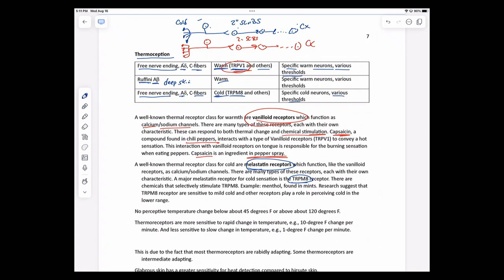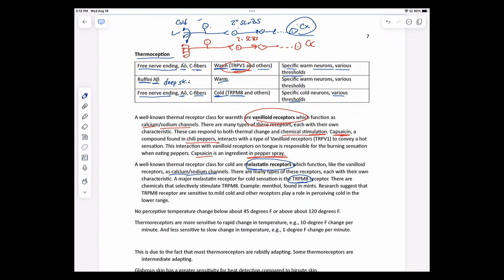And like the vanilloid receptors, it is thought that the TRPM8 is probably a calcium-sodium channel. They open up, calcium and sodium flow in, changing the frequency of action potentials in the neuron, and then off to the races we go in terms of stimulating the cortex for conscious sensation of cold.